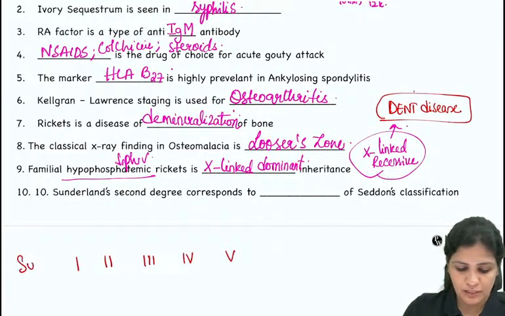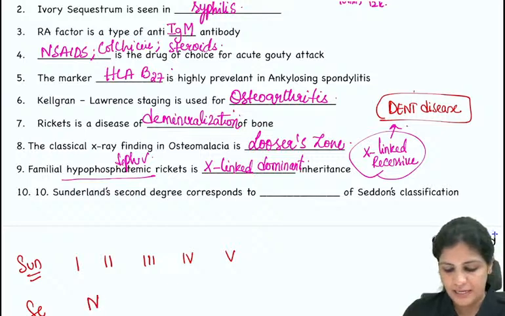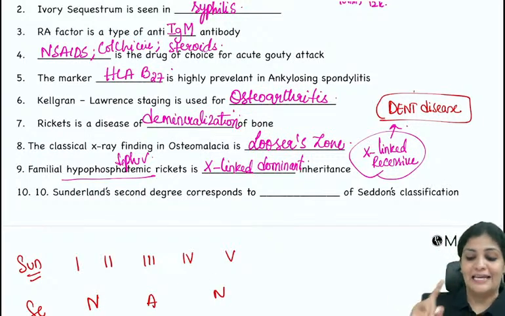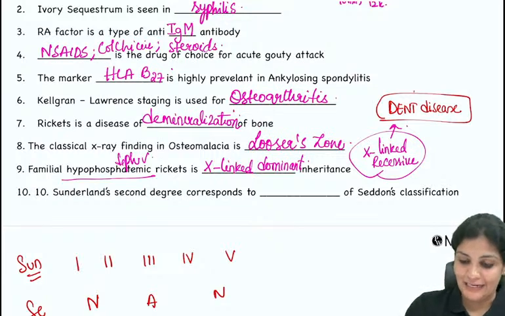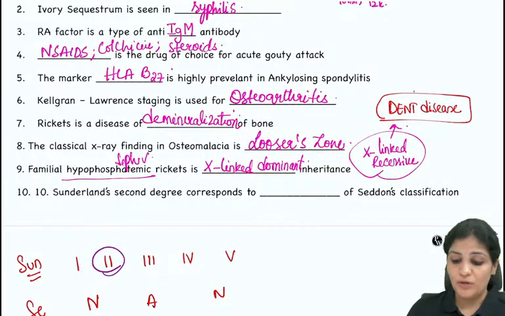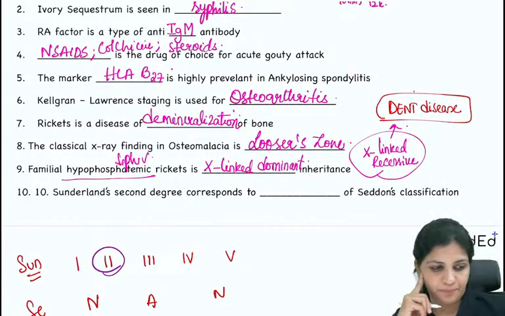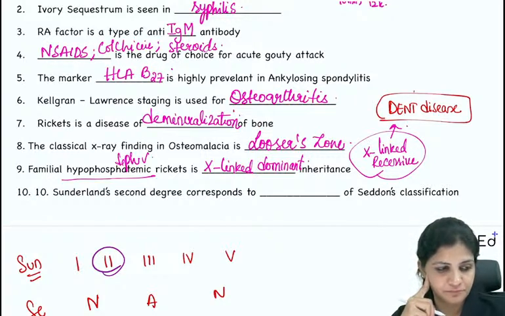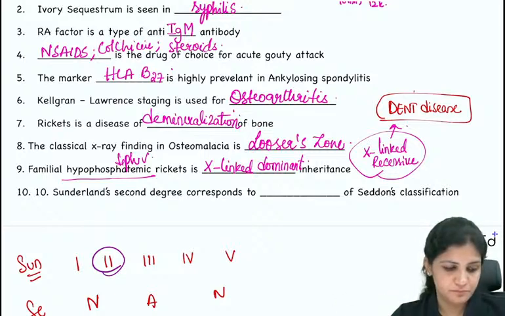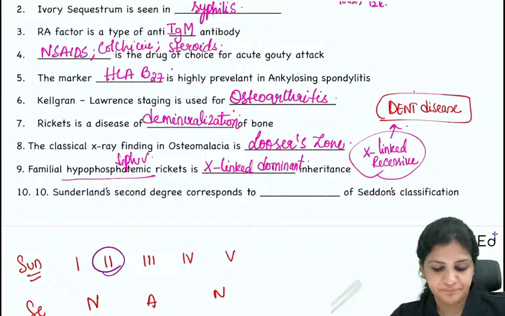Now, this Sunderland second degree corresponds to which of Seddon's? I want the answer.